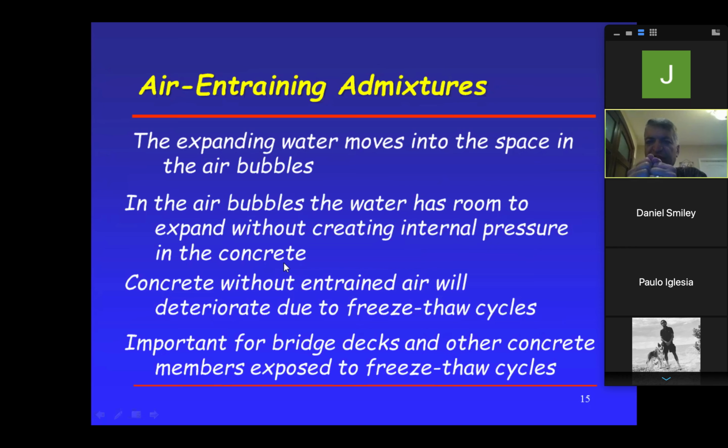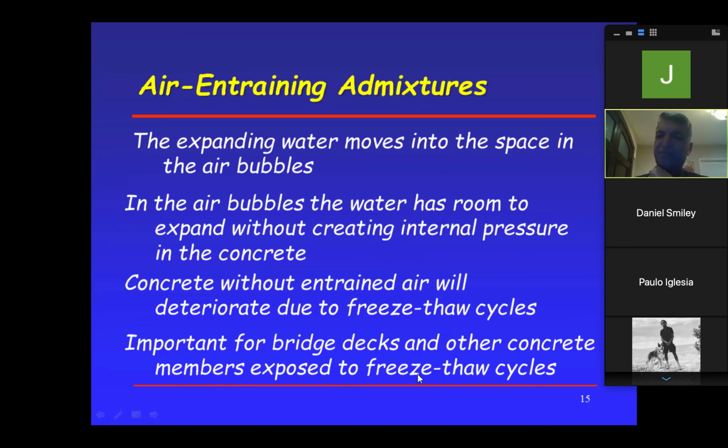Because if you create internal pressure, that's what's going to lead to cracking. But if you create that void, then it's going to be fine. Concrete without entrained air will deteriorate due to freeze and thaw cycles: expansion, contraction, expansion, contraction. This is important for bridge decks and other concrete members exposed to freeze-thaw cycles.